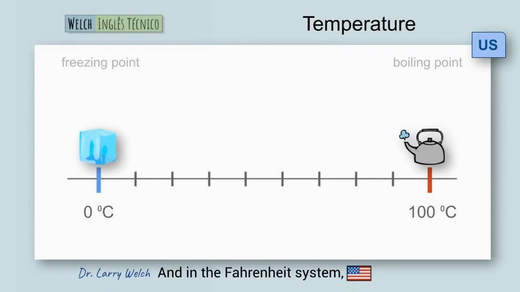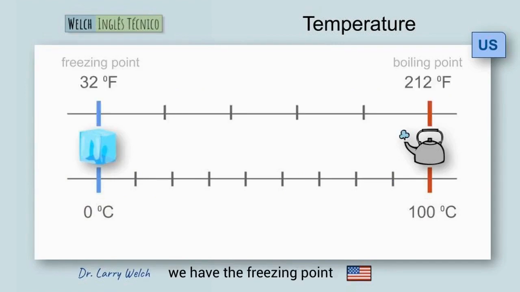And in the Fahrenheit system, we have the freezing point of water at 32 degrees and the boiling point of water at 212 degrees Fahrenheit.